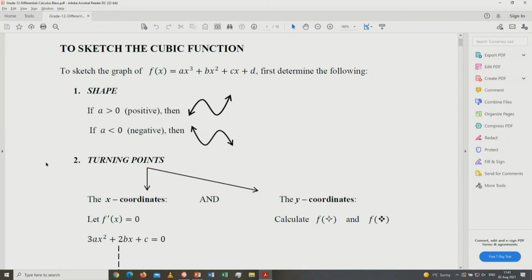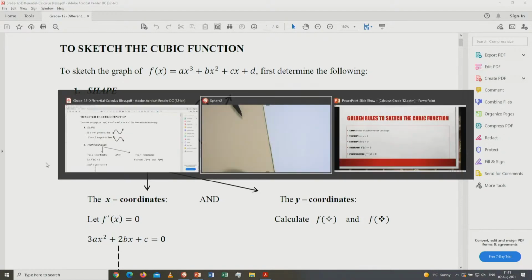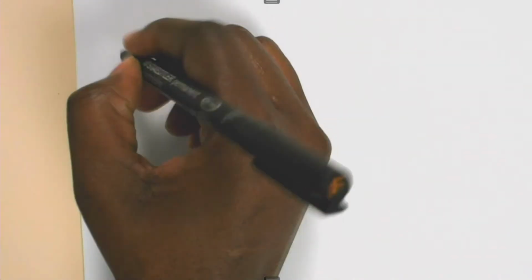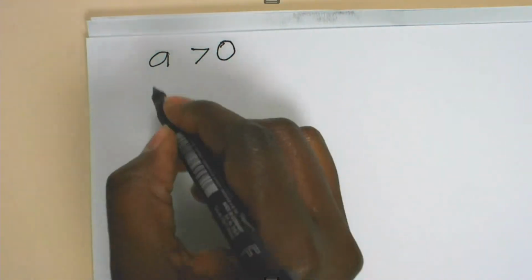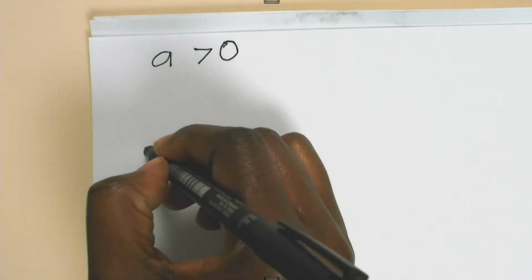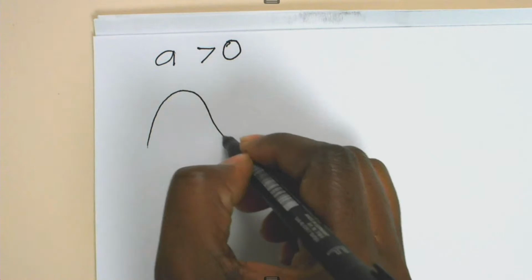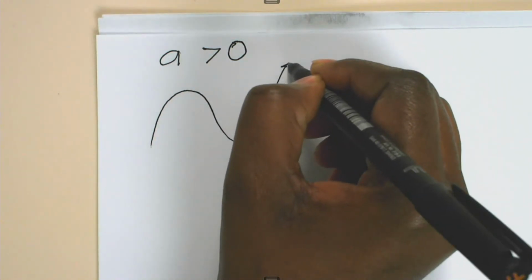Now, learners, just to take you back, suppose I have this shape. Say the value of a is greater than 0. Then we know that the function will start first by increasing, decreasing, and increasing.